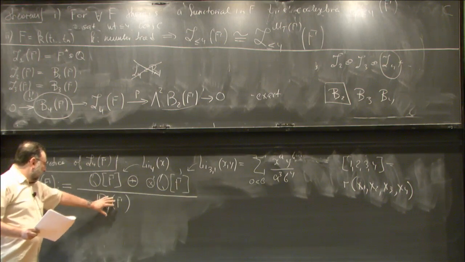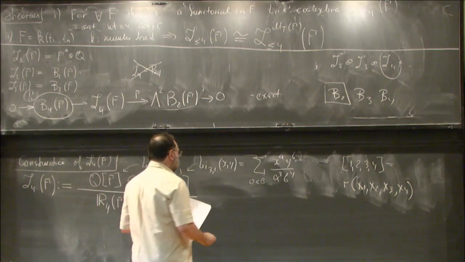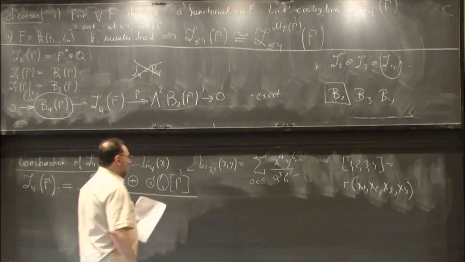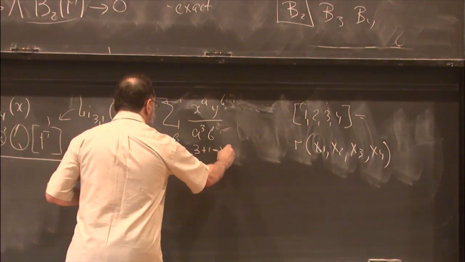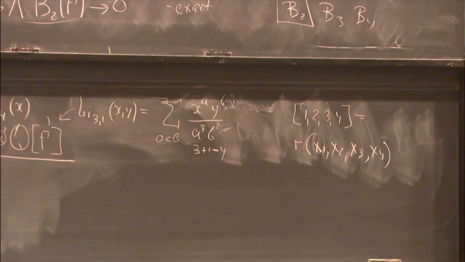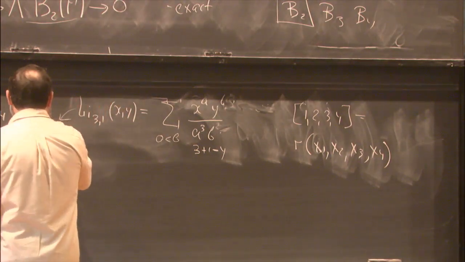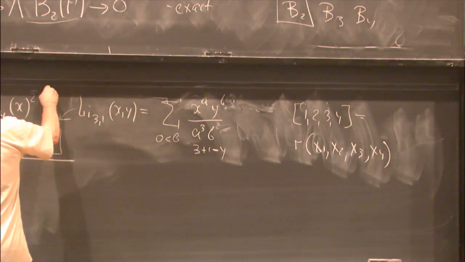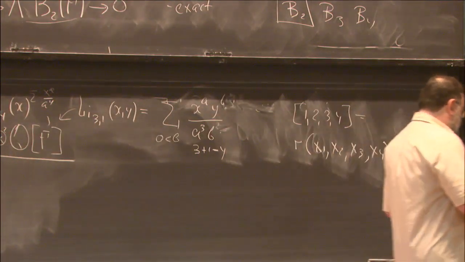I defined the subgroup. Oh, that's a good point. The weight is 4, so it's 3 plus 1. Thank you. Yes, 3 plus 1 equals 4. Sorry, because this guy is defined as a sum of x to the a divided by a to the 4. Yes.